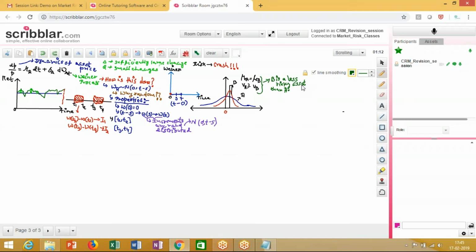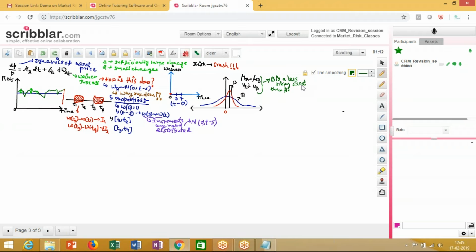So the question that comes out is: how do I incorporate this risk into the asset price dynamics? How do I measure that risk? Next, how do I estimate that? And finally, how do I implement that risk and design my management strategy around that?